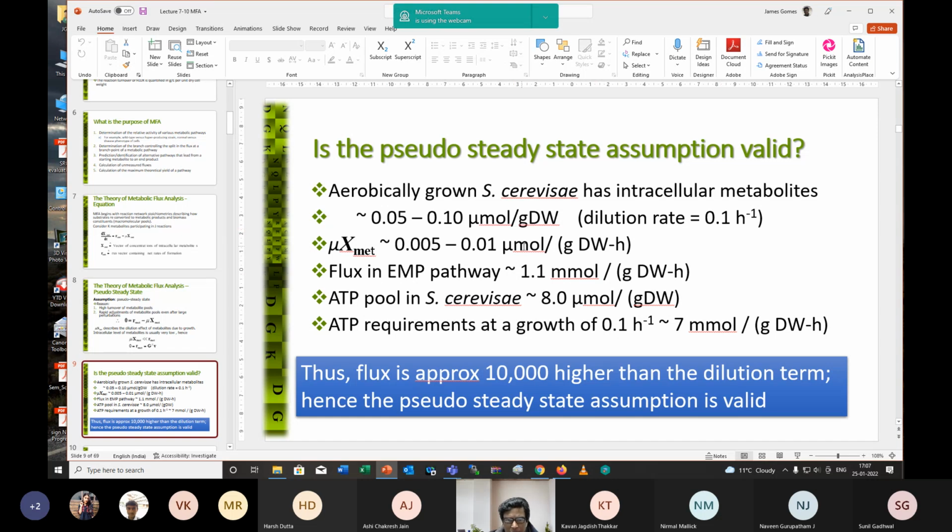So if you multiply this out, you are looking at 0.005 to 0.01 micromole per gram dry weight per hour. And the flux in the AMP pathway is about 1.1 millimole normally.